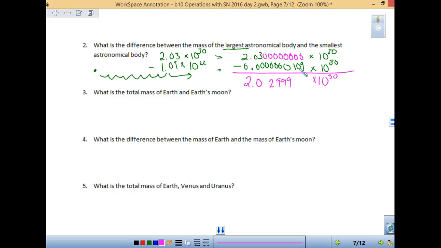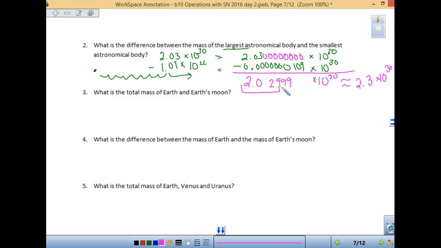But what's going to happen after a while? If we're writing this in scientific notation, isn't it almost 2.03 times 10 to the 30th? Is there much difference in their masses? It's such a huge, huge number. So if we are finding the difference, yes, I agree, this whole big ugly thing times 10 to the 30th, right?